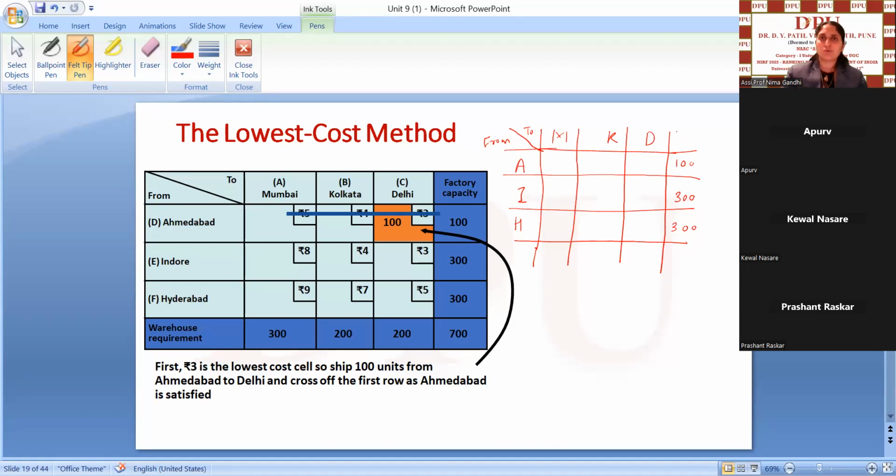This is your supply, and the demand at Mumbai is 300, Kolkata is 200 and Delhi is 200. The total is 700. I'm writing the cost here, the cost of transportation per product.